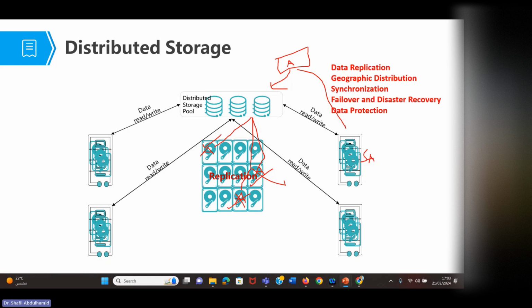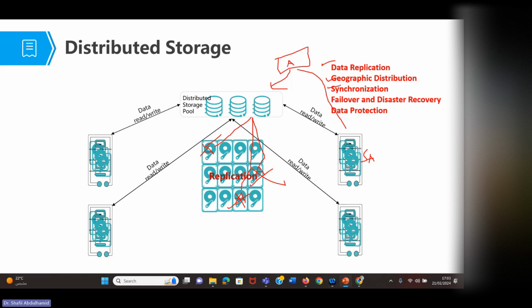So the advantages of distributed storage, I tried to add this information also just now. It gives data storage geographic distribution. That is to say, geographically, they are not in the same place. They are distributed across different areas of the network. So if one crashes, you can get the file back or restore it from another different location.